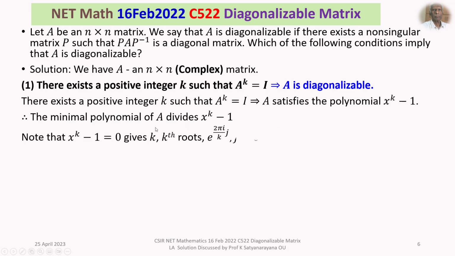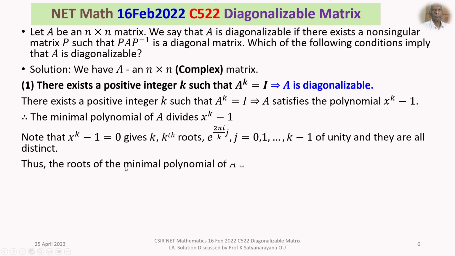We note that x to the power k minus 1 equal to 0 will give the kth roots of unity, and they are all distinct. What are the kth roots of unity? e power 2 pi i by k j, where j takes the values 0, 1, 2, 3, up to k minus 1. They give the kth roots of unity, and we know they are all distinct.